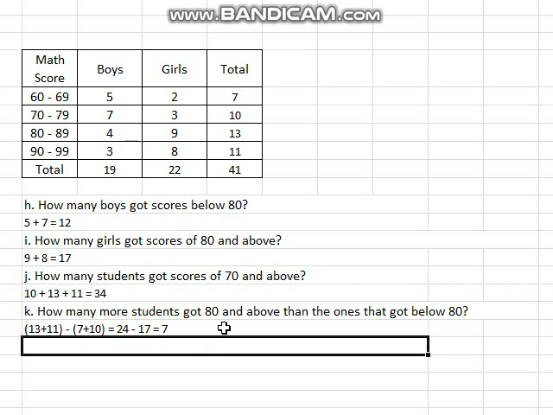The difference is 7. Okay, I think that's all about how to analyze the data in a table. I hope this information will be helpful for you. So the first thing that you need to do is to read this. You need to fill in the tables first, and then the second one is you need to read the sentences carefully so that you know which data you need to see.